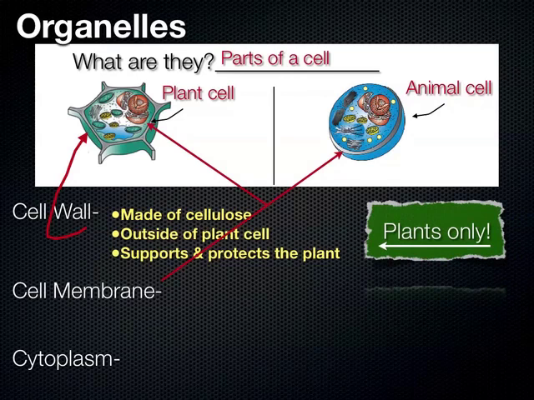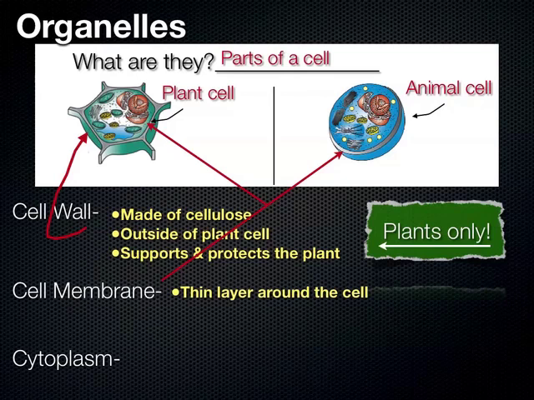Draw through your words. So the cell membrane, in the animal cell here, is this outer layer. But plants have a cell membrane too, it's just the next layer in from the cell wall. Did you ever peel a hard-boiled egg?